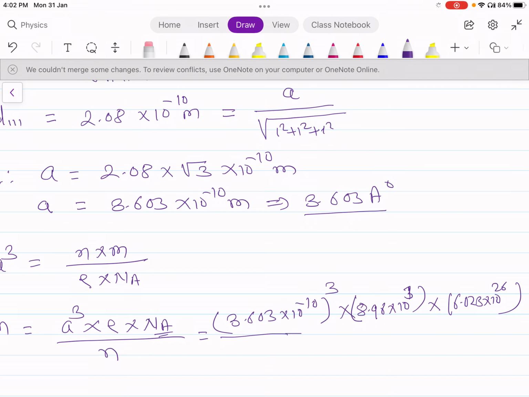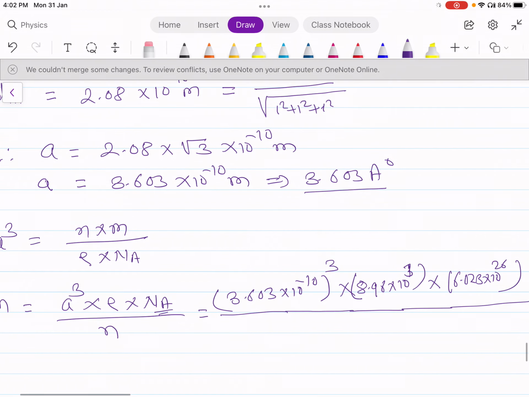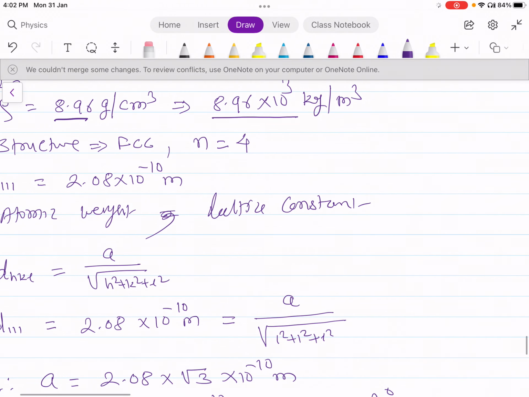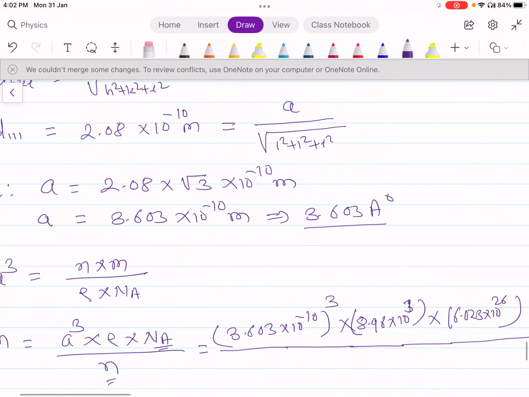We have considered here MKS system, divided by n. n is 4 because it is FCC.